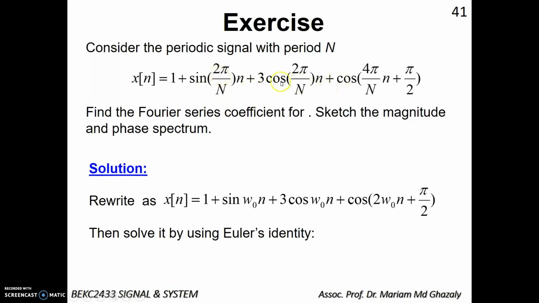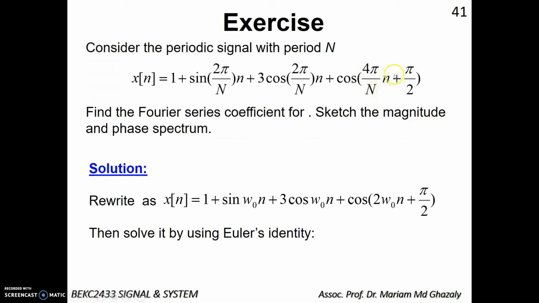If you see here, the fundamental frequency is given by 2 pi over N. So you may see that this is 2 pi over N, this is 2 pi over N, and this one is 4 pi over N.